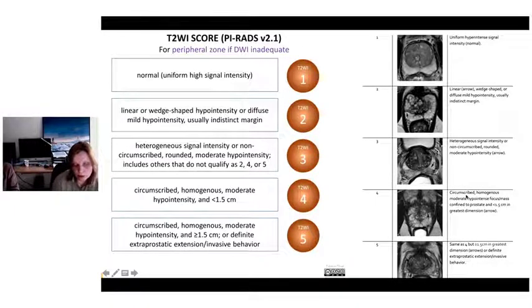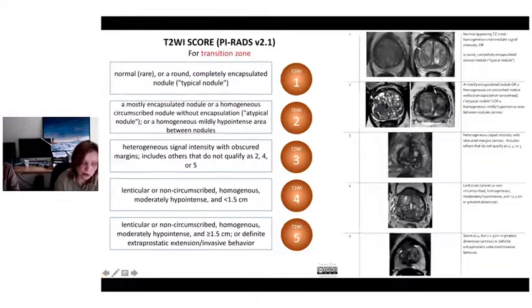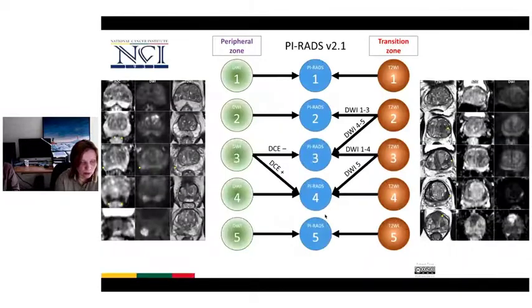Then we lean on contrast enhanced images, and if we see contrast enhancement, if it's focal, not diffuse, sometimes we can say that it's 4, even without diffusion. And for the transition zone, of course, we use the same approach: if we do not have good diffusion, we lean on T2 images. That is pretty okay for us, because in the transition zone, T2 is of key importance.